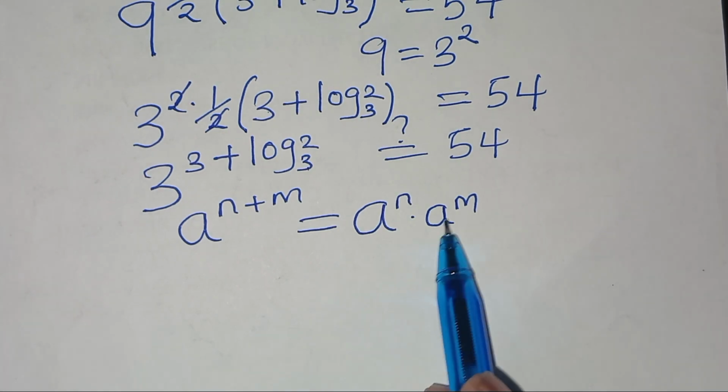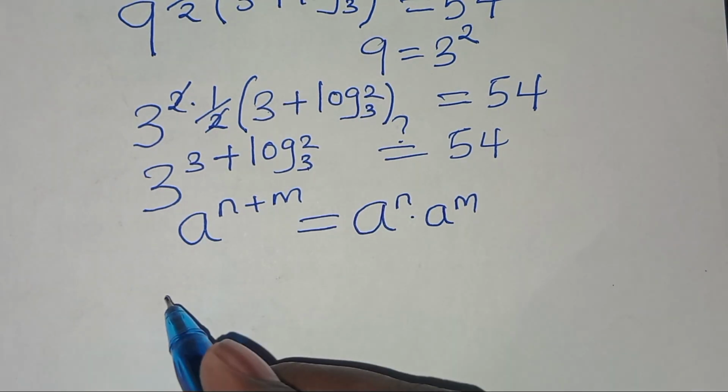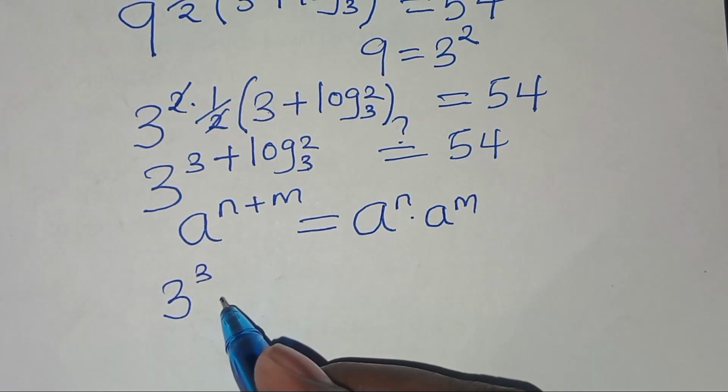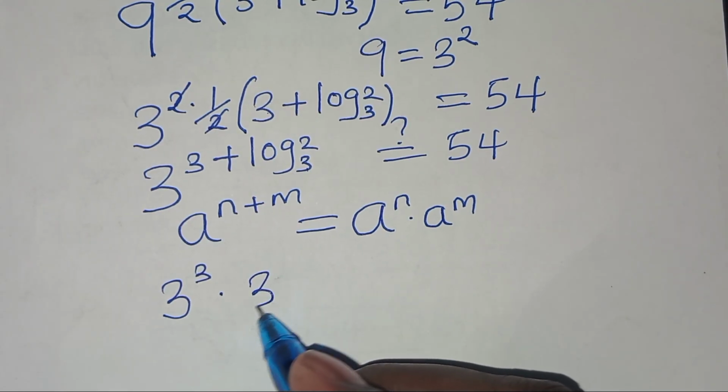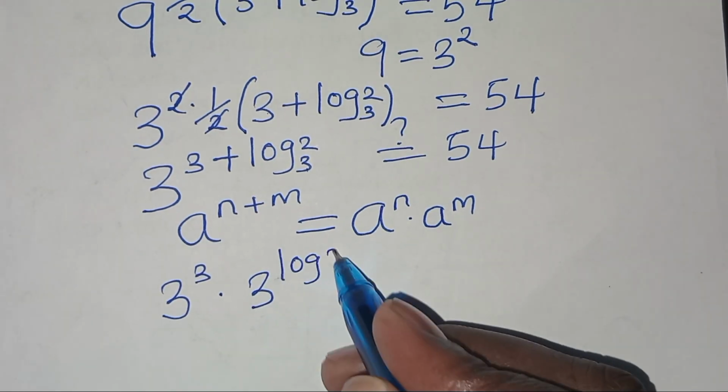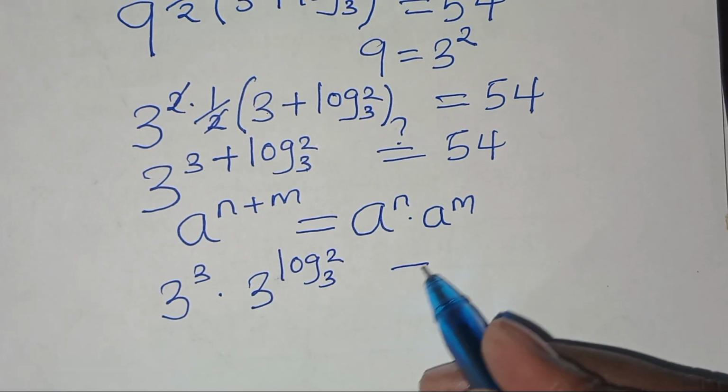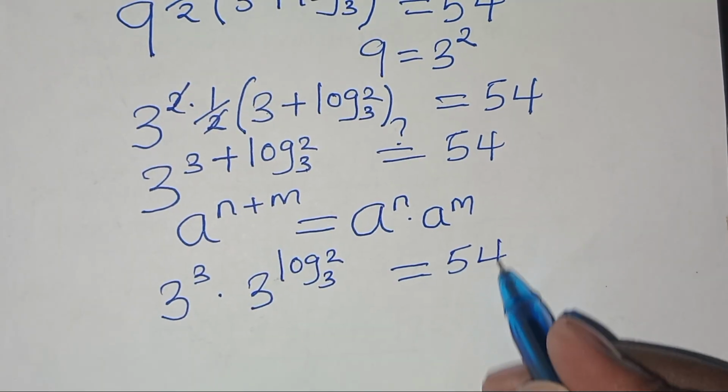So applying this exponent property, then here we'll have 3 to the power 3 multiplied by 3 to the power log 2 to base 3. This should give us a value of 54.